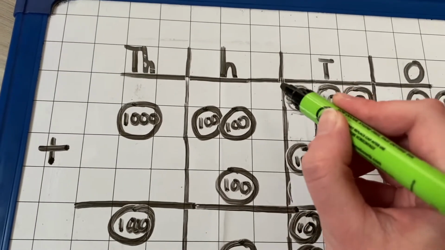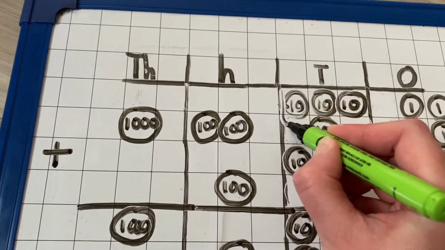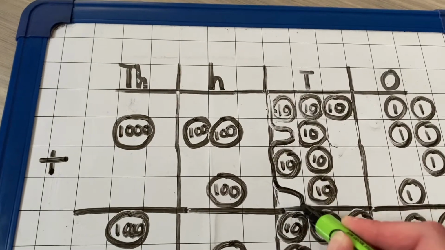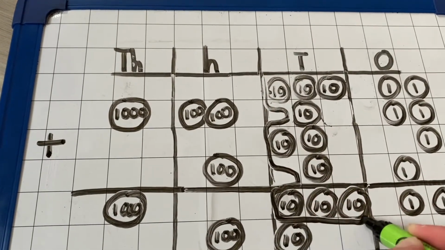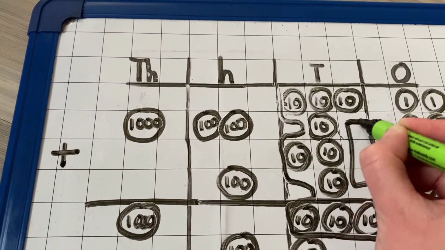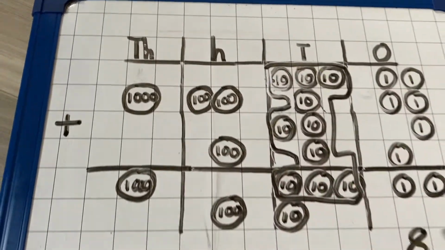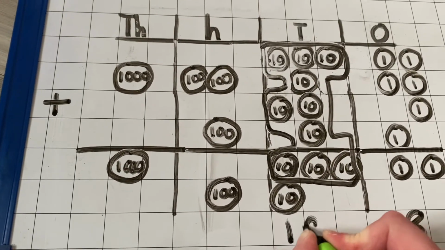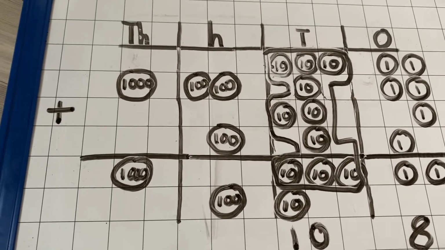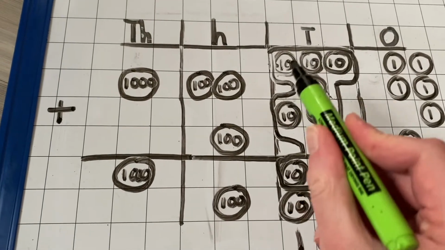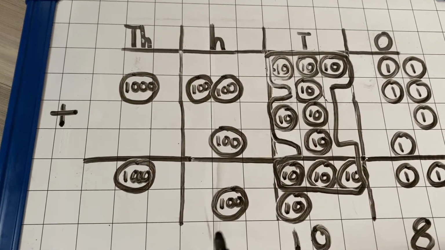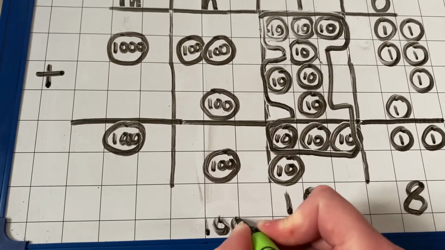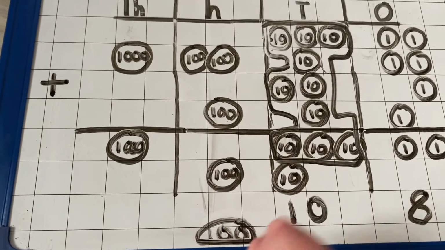If we circle 10 tens, we can see that we have 1 ten left in our tens column. 10 tens need to then be exchanged for 100. So we put 100 under here because we've exchanged.